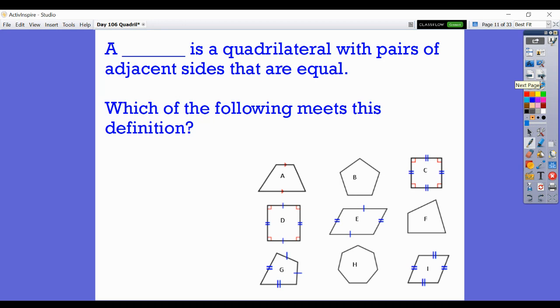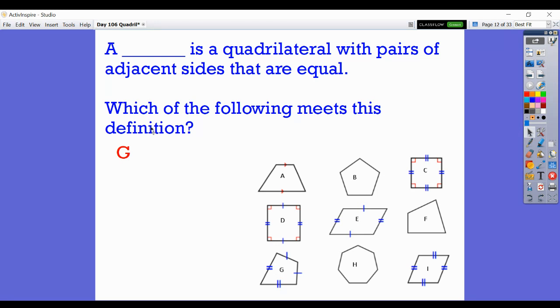A blank is a quadrilateral with pairs of adjacent sides. That means sides right next to each other that are equal. Which of the following meets this definition? It would be G. It is G because these two sides are adjacent and they are equal, and these two sides are adjacent and they are equal.